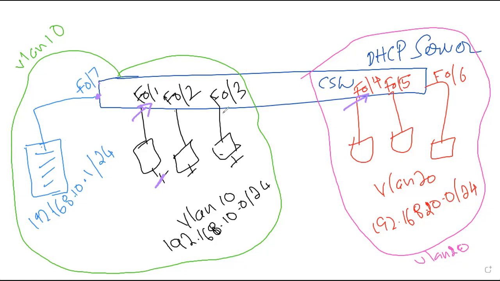Okay, now what we need to do, this request is also going to the gateway interface, which is interface VLAN 20. So we need to inform the interface VLAN 20, if any DHCP request comes to the interface VLAN 20, please forward it to the server. Got the point?